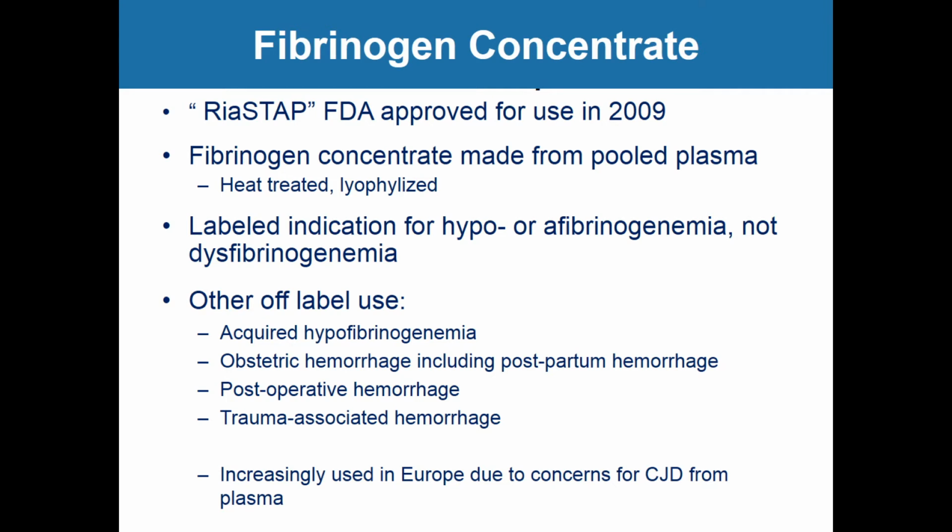There is certainly off-label use of fibrinogen concentrate in acquired hypofibrinogenemia, such as post-TPA, systemic use of TPA for stroke thrombolysis, obstetric hemorrhage, including postpartum hemorrhage, postoperative hemorrhage, and intraoperative use, as well as trauma-associated hemorrhage. Fibrinogen concentrate has been increasingly used in Europe due to concerns for Creutzfeldt-Jakob disease from untreated plasma.